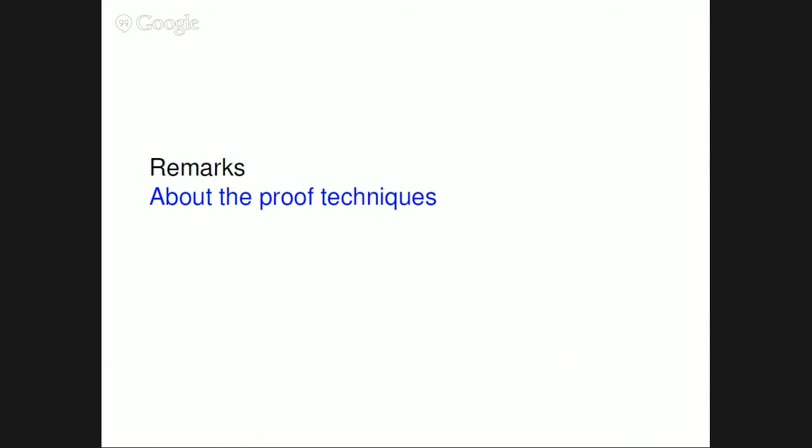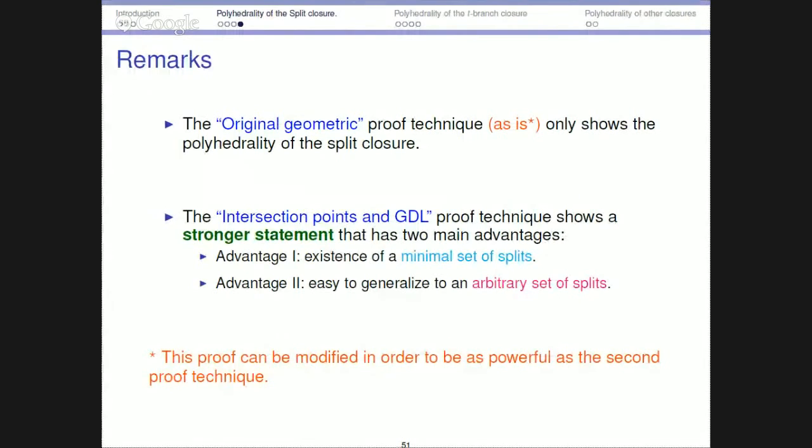Some remarks about these proof techniques: the original one, as I showed to you, only shows the polyhedrality result. But the second proof is more powerful in the sense that it allows us to prove two more things besides polyhedrality.